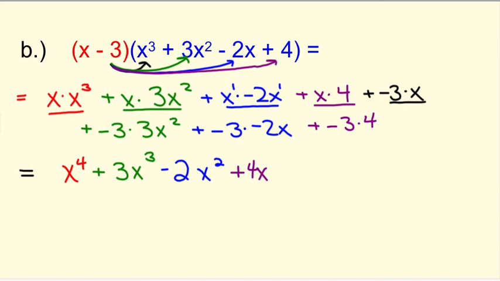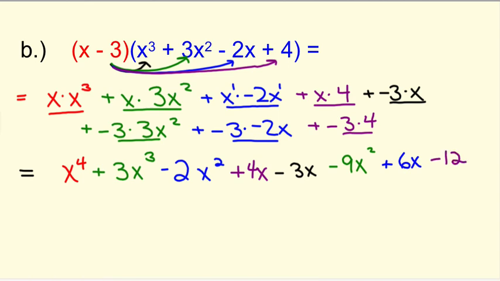Negative 3 times x is negative 3x. Going down to that second row, negative 3 times negative 3 is negative 9x squared. Go to the blue. Negative 3 times negative 2 is positive 6x. And then negative 3 times positive 4 is negative 12.